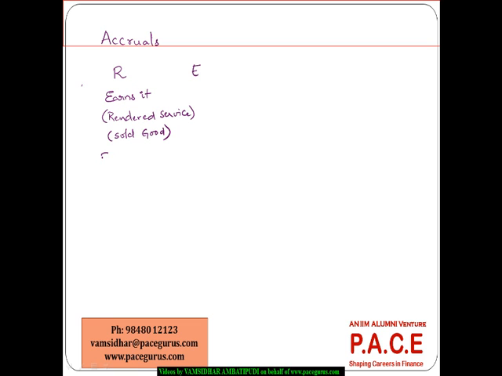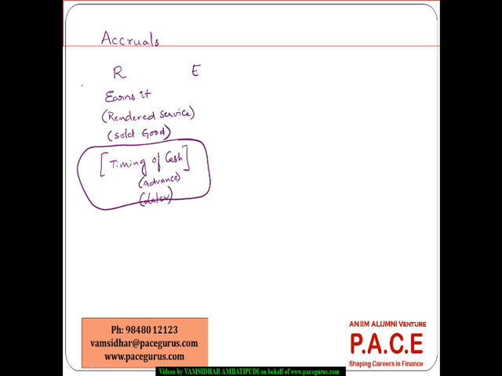So it has nothing to do with the timing of cash. It might have received the cash for that much in advance, or it may be receiving the cash for that much at a later date on a credit basis. So this part should not matter much for recognition of the revenues.